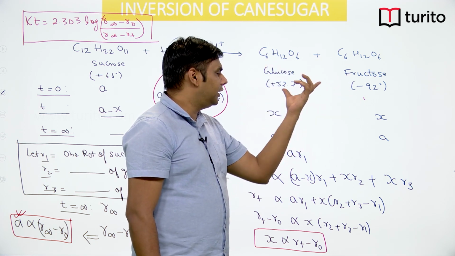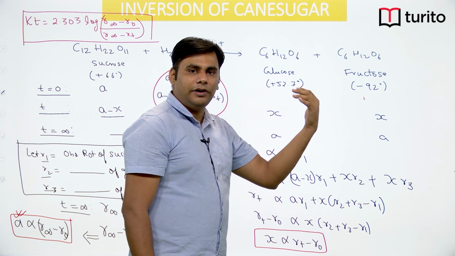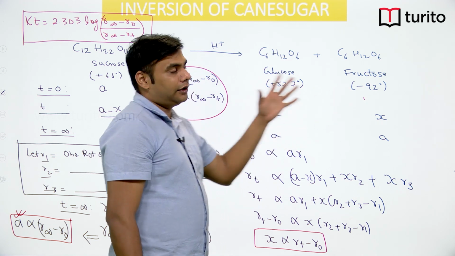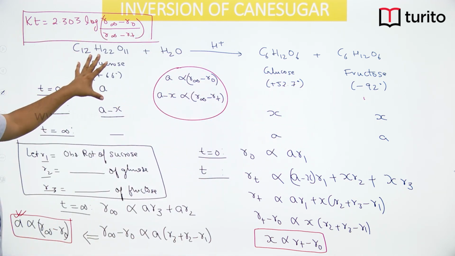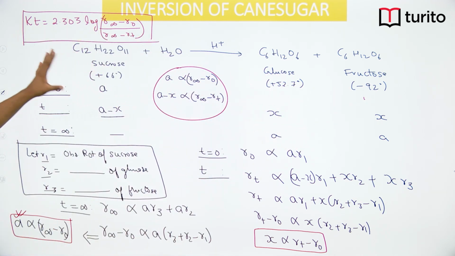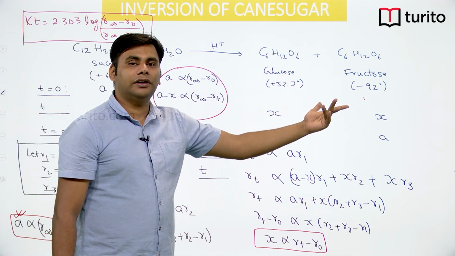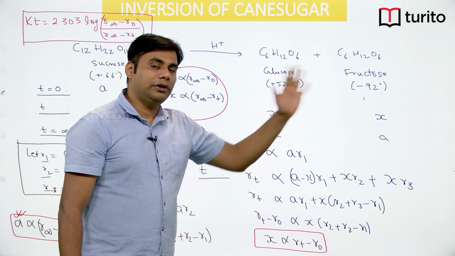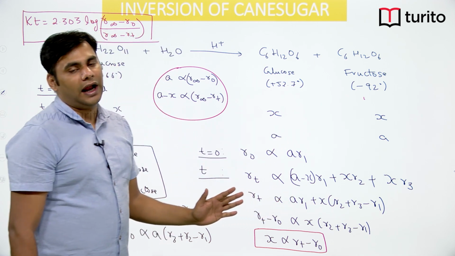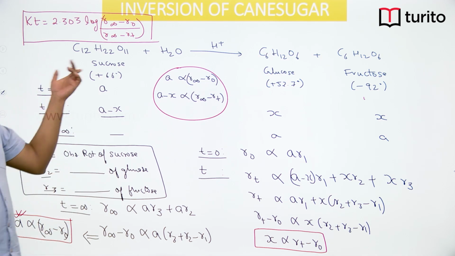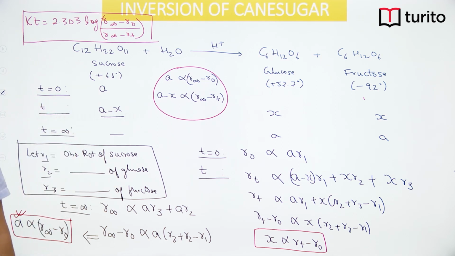If you add the two, overall it would be negative, so it would rotate light in the anti-clockwise manner. Sucrose basically rotates the light in the clockwise manner, but when it is completely hydrolyzed, the optical rotation becomes negative. That is why it is called inversion, and that is why sucrose is also called inverted sugar.